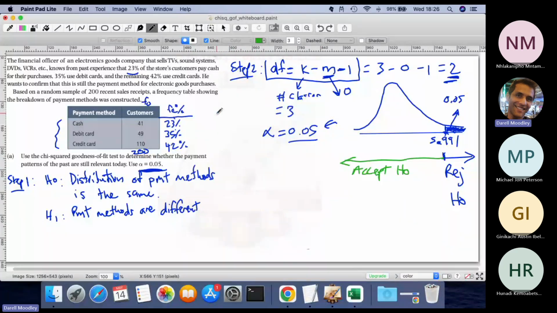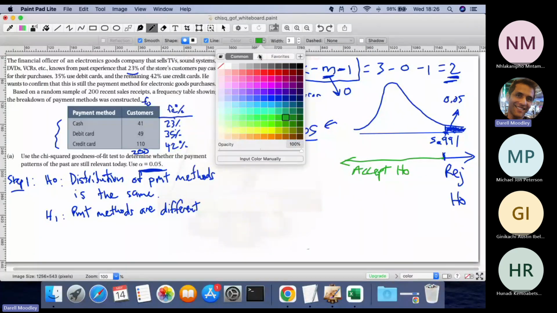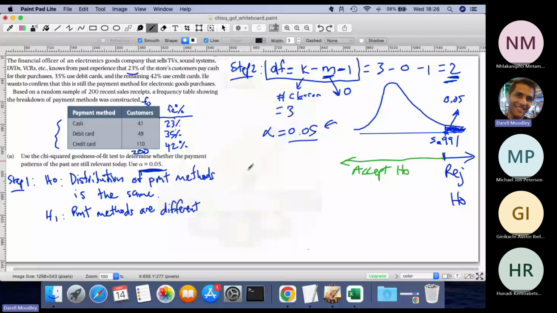Step 3, just like last week, is where the bulk of the calculations take place. What we would need to do is create a table with those 3 categories. So the 3 payment methods: cash, debit card, and credit card.